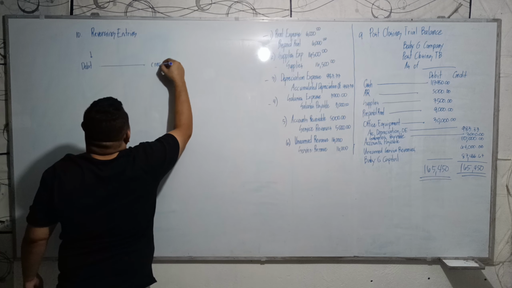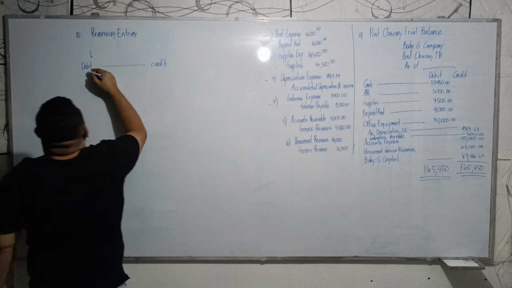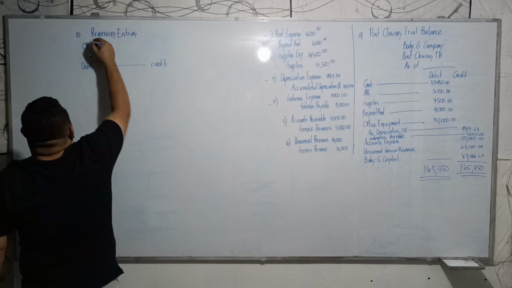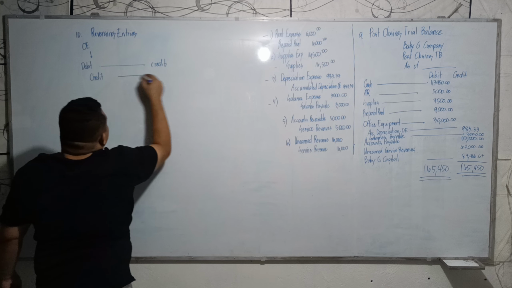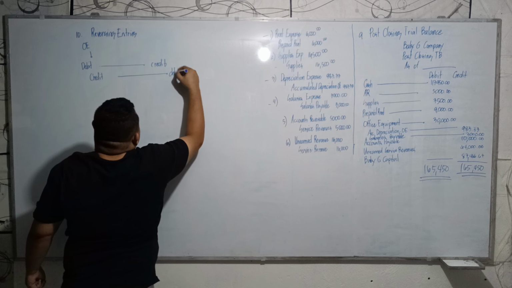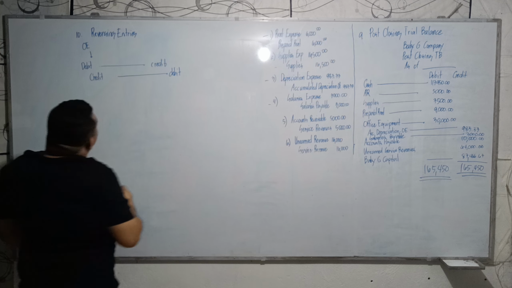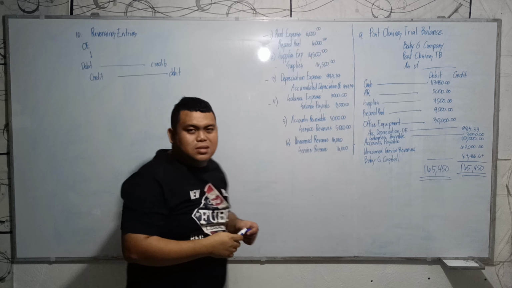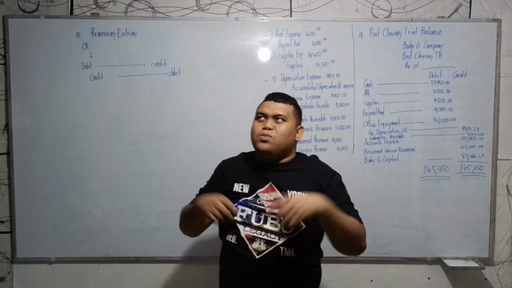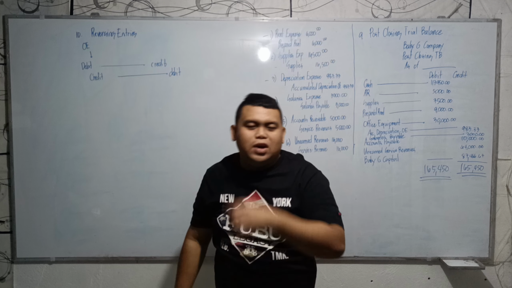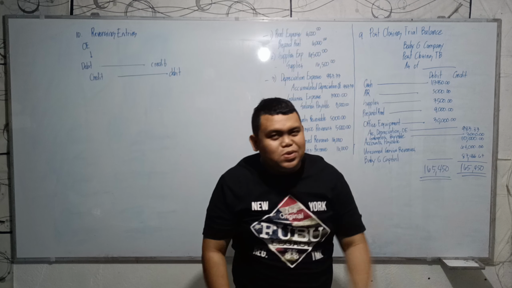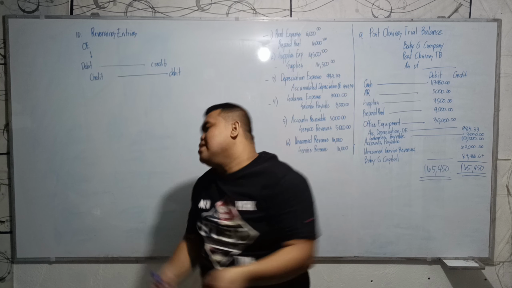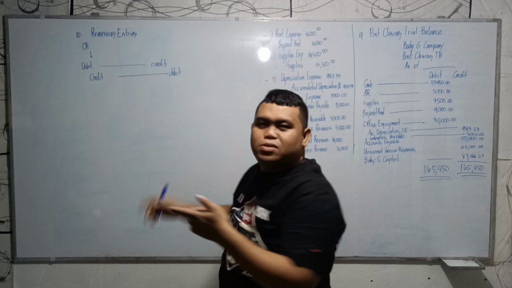If the original entry has a credit, you have to debit it. That's as simple as that. So that's how you make reversing entries. As to why we need reversing entries, you have to tune in to the last parts of this video so that I could explain.